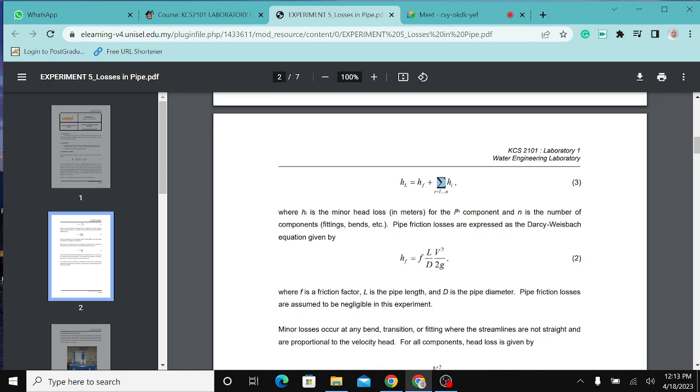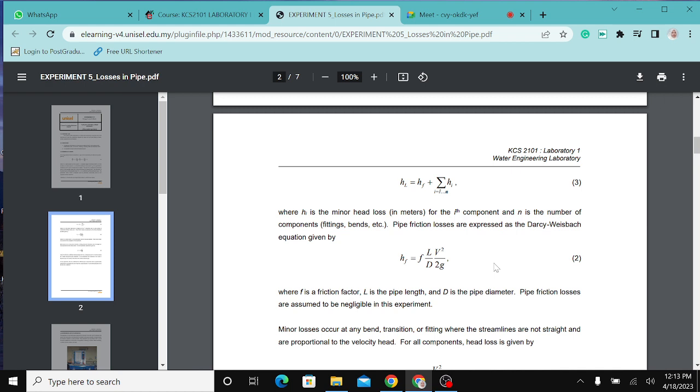Nampak this symbol yang saya highlight ni. This is hasil tambah symbol. Hi is the minor head loss in meters for the i component and dekat sini there is an n, is the number of components. That means you punya number of components start daripada 1 sehingga n. Okay. So kalau you have 5 components, so that means you punya n is 5 lah, and so on.